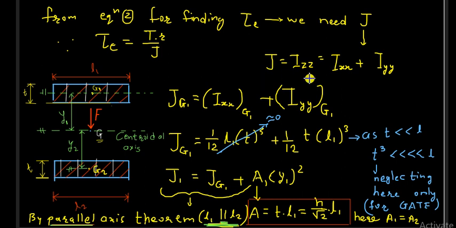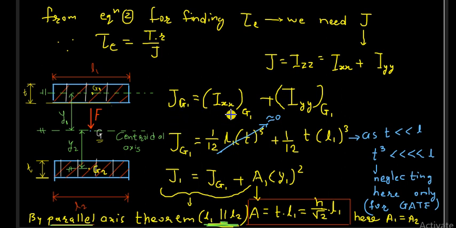You just look at here how I am finding the JG1, that is the polar moment of inertia for this weld bit having length L1. As it is polar moment of inertia, we have to find the moment of inertia along the x-axis as well as the y-axis. By adding these, we get the JG1.